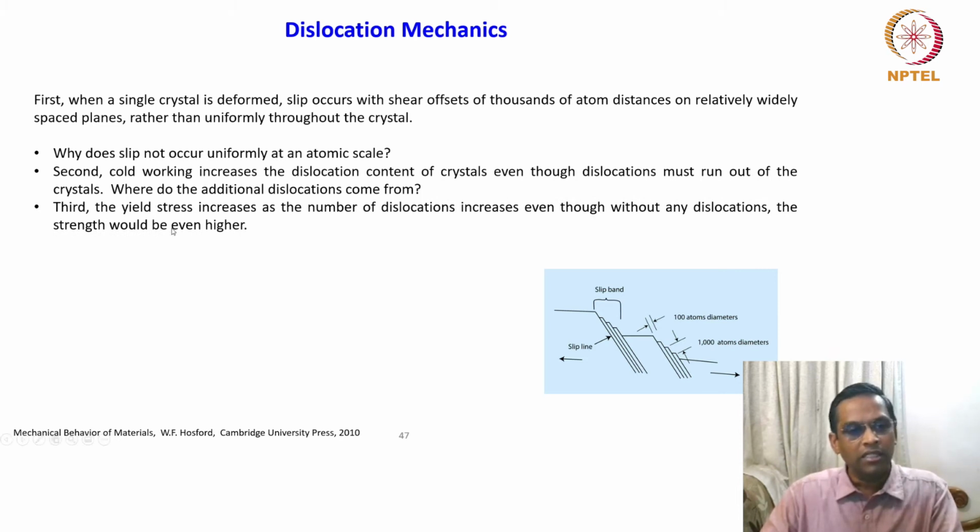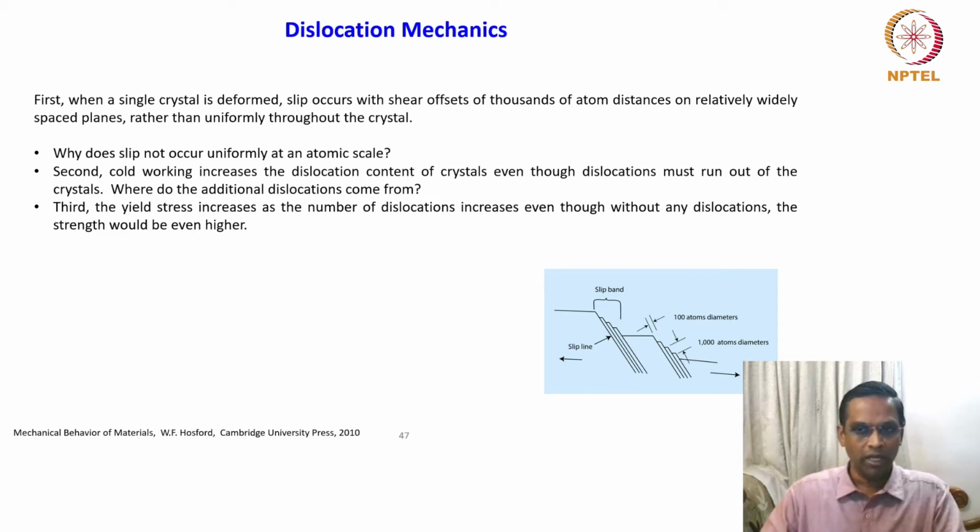Third, the yield stress increases as the number of dislocations increases, even though without any dislocations the strength would be even higher. Okay, so you have a clue now, because at the beginning of the dislocation chapter, we looked at the calculation of the theoretical value of the bond strength, right?